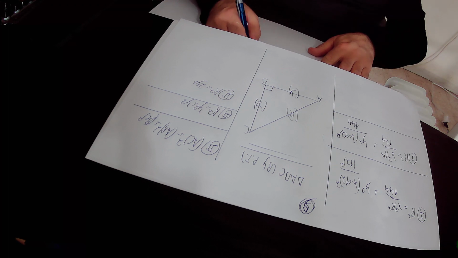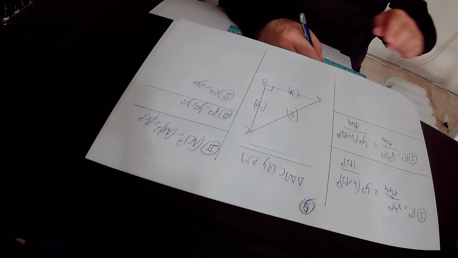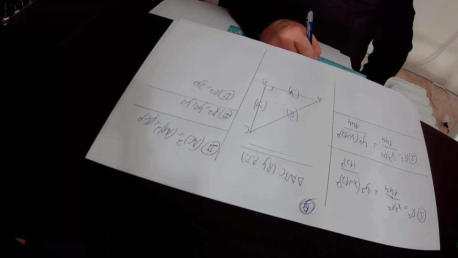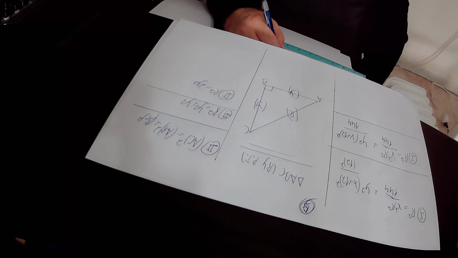This is equation 2, while according to equation 1, we have already found out that R square equals X square times R square over 144 plus Y square times (X plus 12) square over 144.